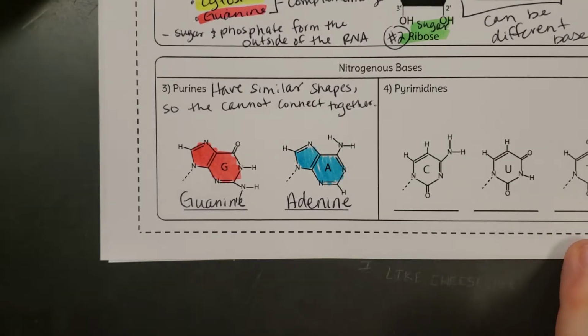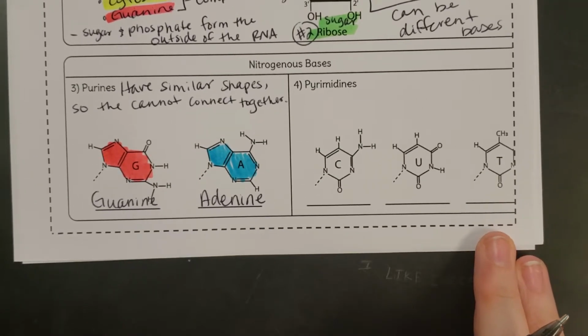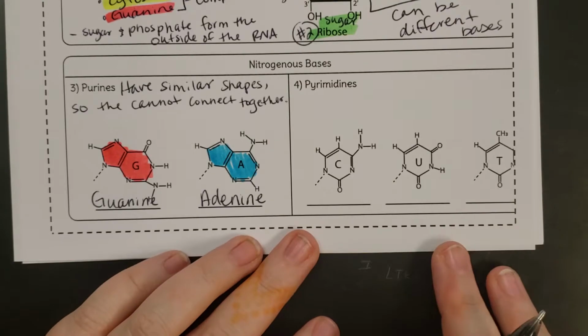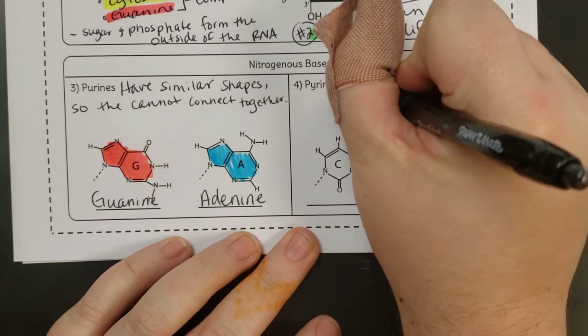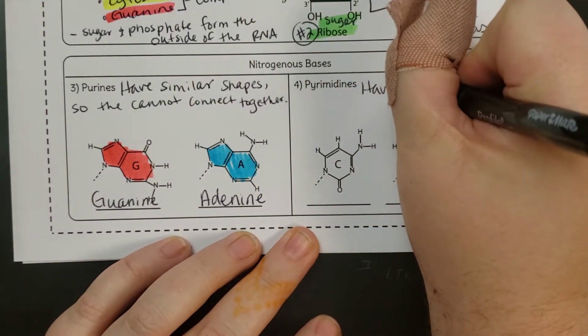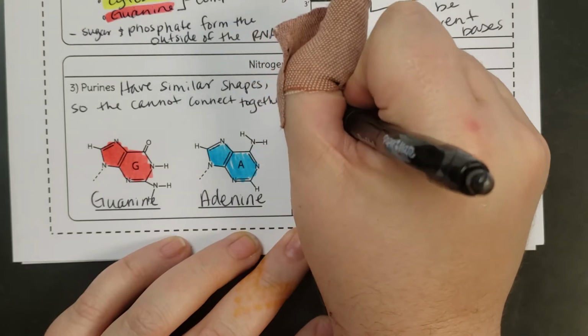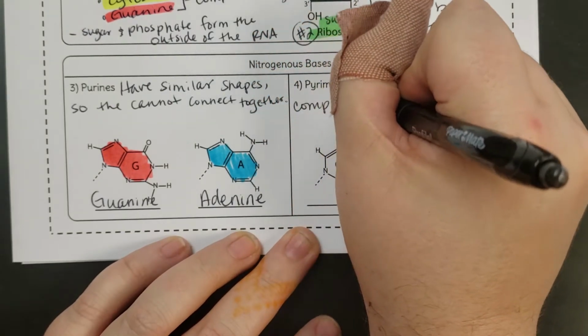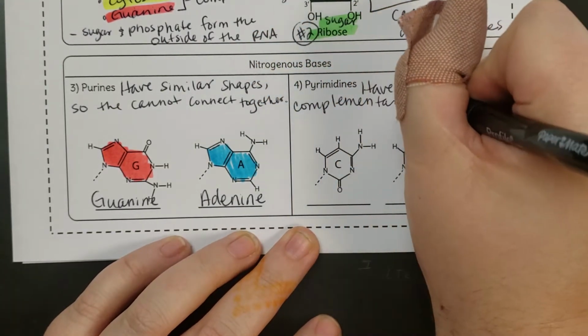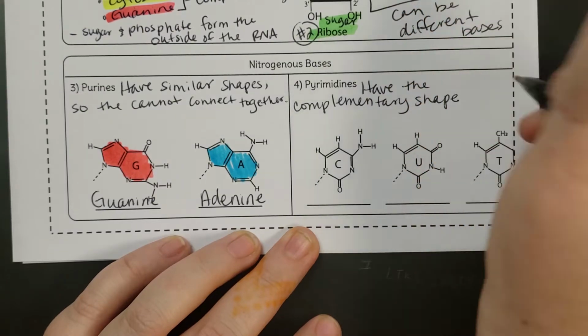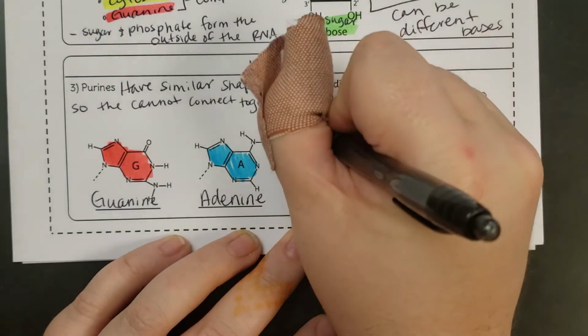Now, the pyrimidines have the complementary shape to the purines.